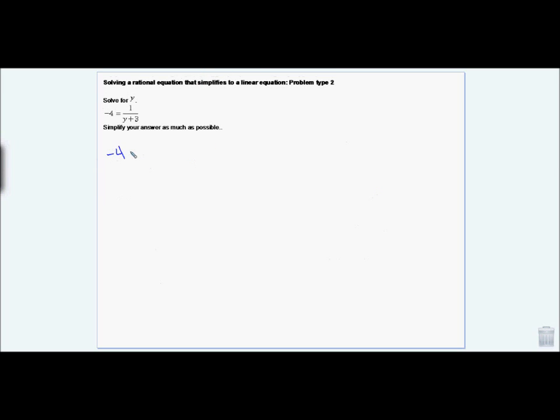Negative 4 is equal to 1 over y plus 3. So I will multiply both sides by y plus 3. So I get negative 4 times y plus 3 is equal to 1.